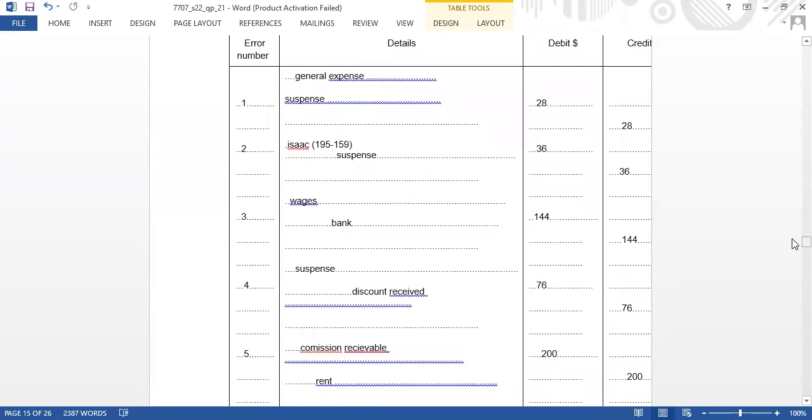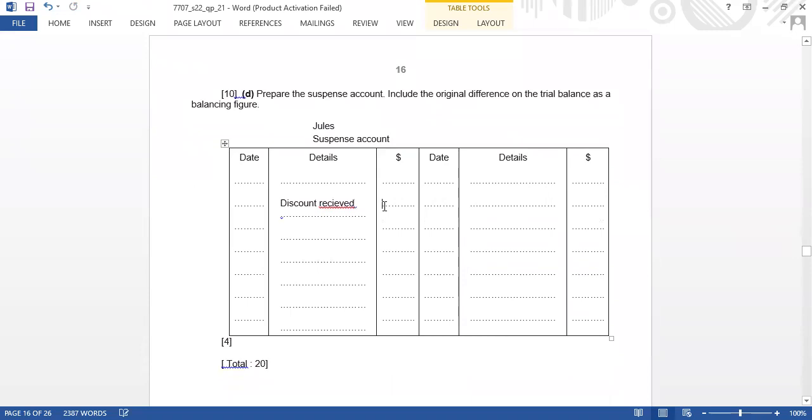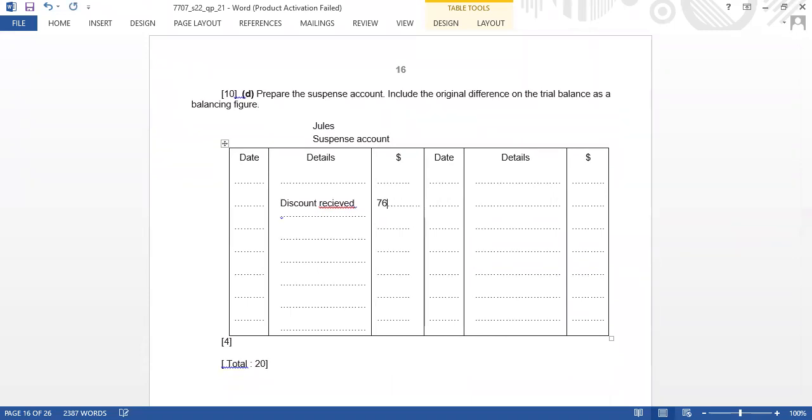That means in suspense account, we'll write general expenses. We have suspense to discount received error 4. So we'll write discount received on debit side on expense account, suspense account. So it will be 76.